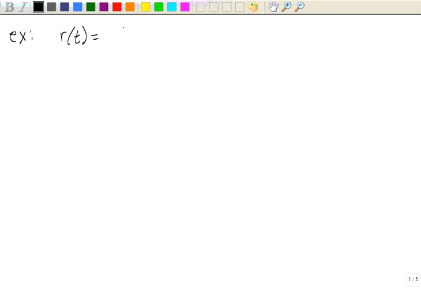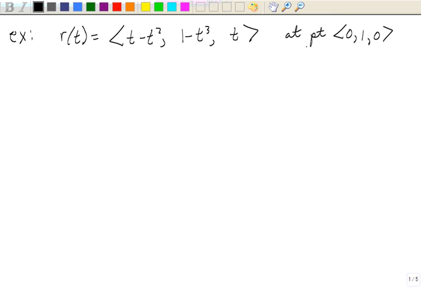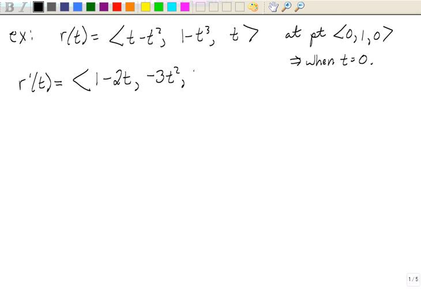Let r of t equal t minus t squared, 1 minus t cubed, t, at the point 0, 1, 0. Notice that's when t equals 0. So let's find a couple of things. First, we'll find the derivative. Then we'll find the second derivative.